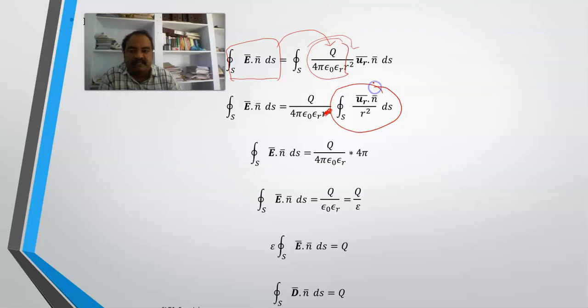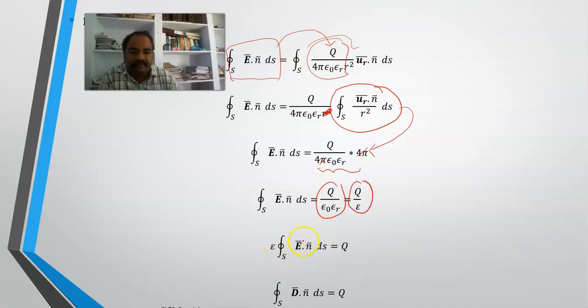Instead of considering this as a planar space, I am considering it as a sphere, so this value has become 4 pi. So this is my expression. 4 pi will get cancelled, and this is my remaining expression.